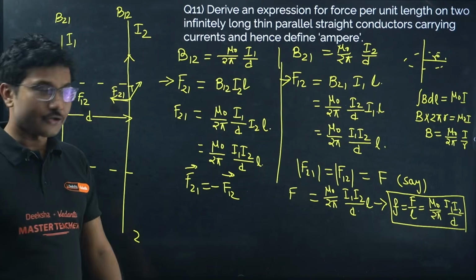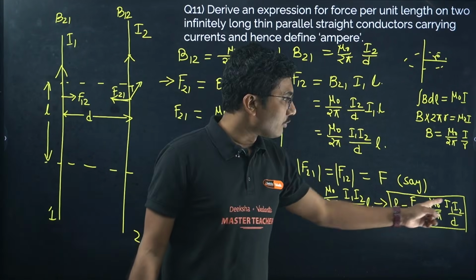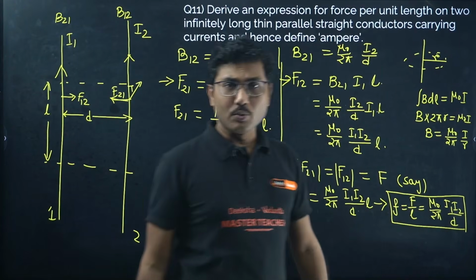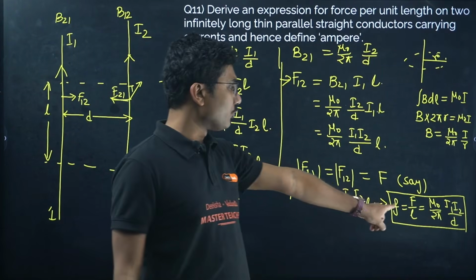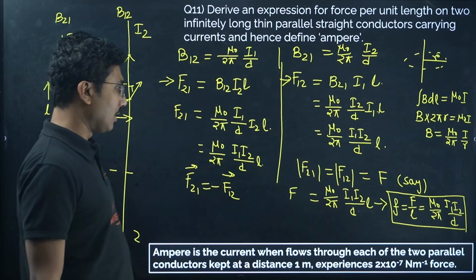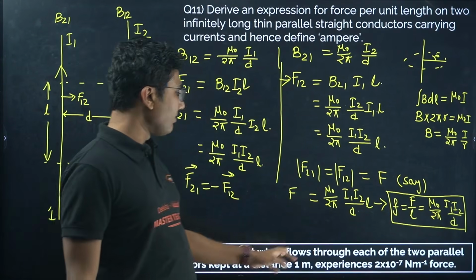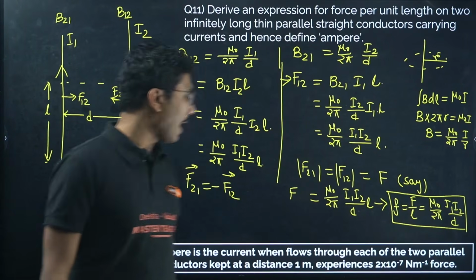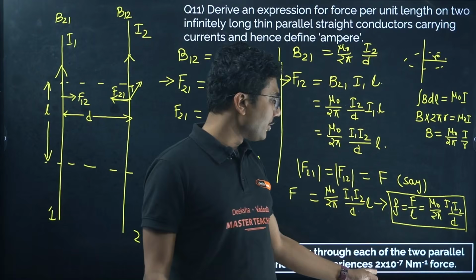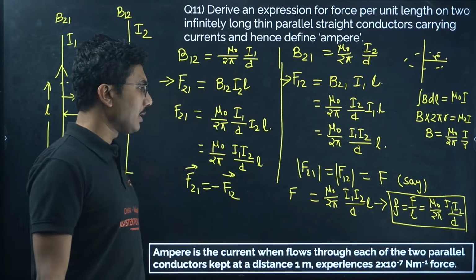And what is the definition of ampere? If you take I1 equals I2 equals 1 ampere and D equal to 1 meter, then the force per unit length is mu naught by 2 pi, a constant. That's how we define 1 ampere. Ampere is the current which, when flowing through each of two parallel conductors kept at a distance of 1 meter, experiences a force of 2 into 10 to the power of minus 7 Newton per meter.